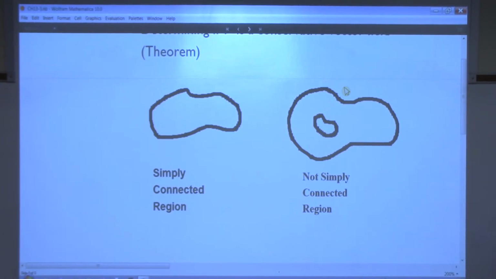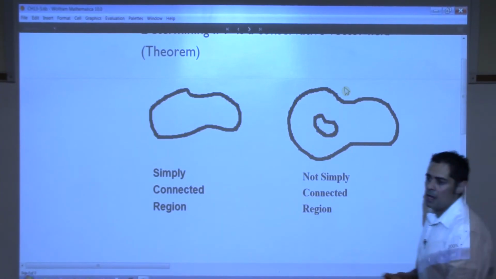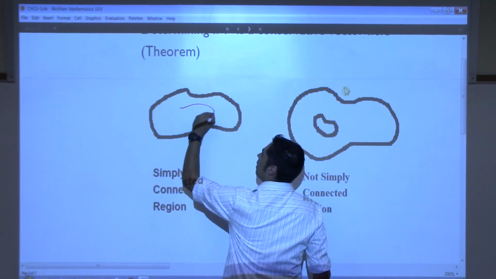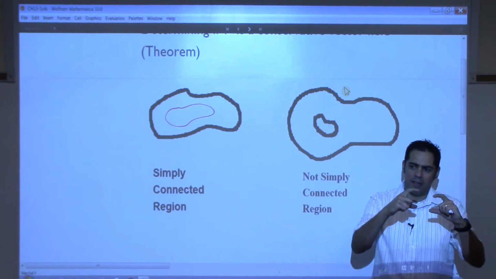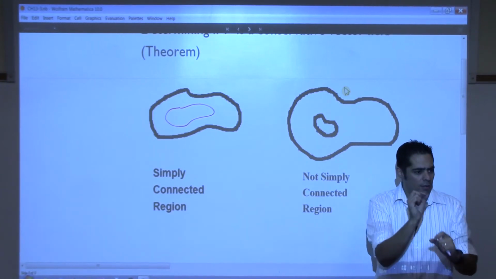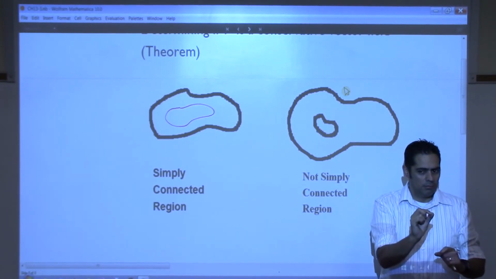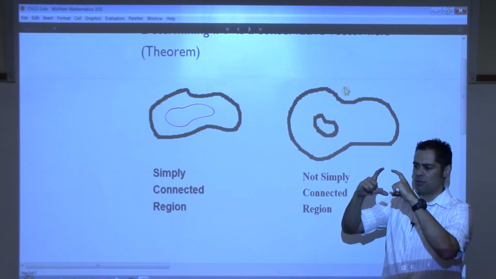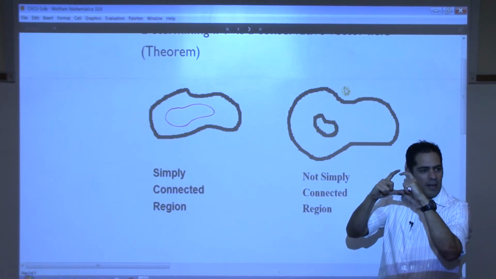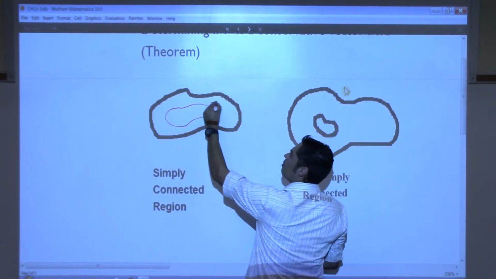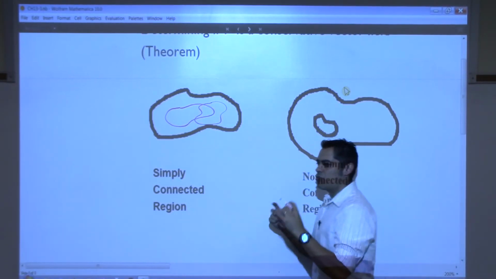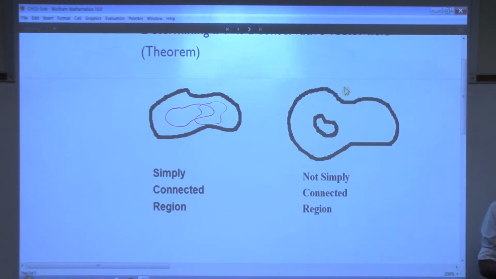One way to think about simply connected is this. If you draw any closed curve in here, imagine taking that curve and shrinking it down. Could you shrink it down to a single point? Think of it almost like a circle. If you just start changing the radius, let the radius go to 0, won't it go down to 1 point? Yes? If I take any closed curve in here and I start shrinking it down, I can shrink it to 1 point.